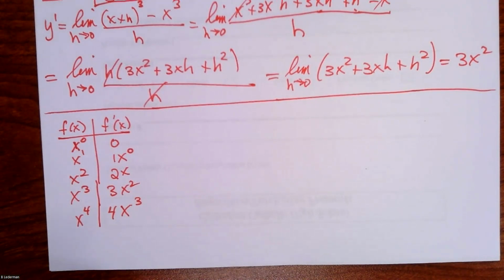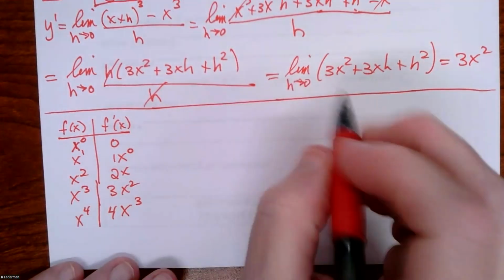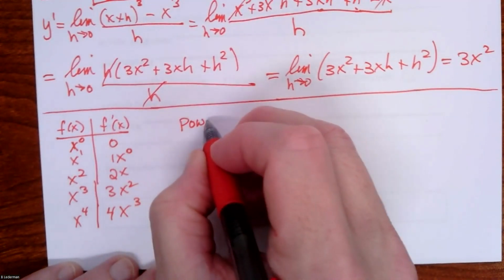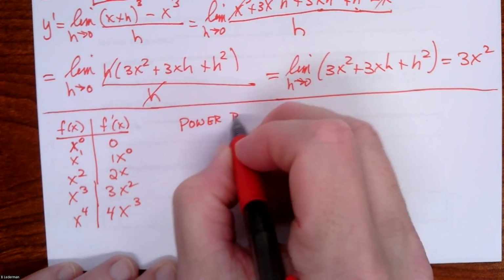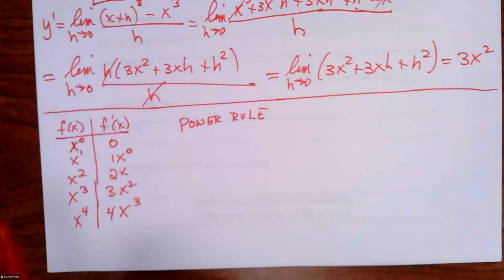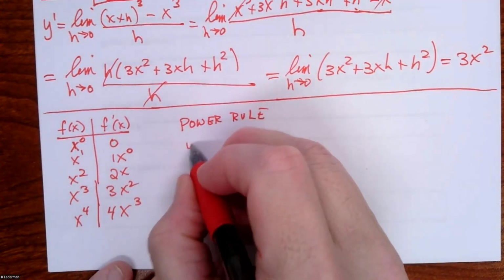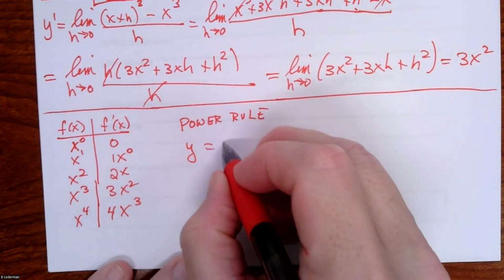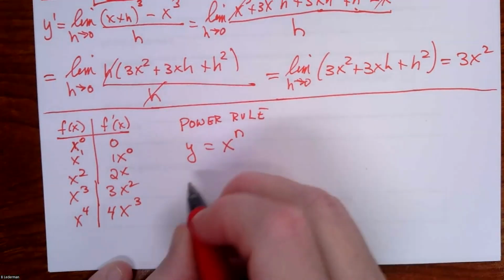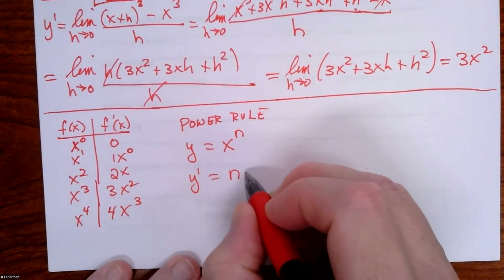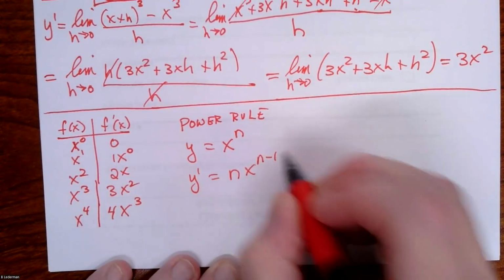So now we have our first rule. This is actually a rule. It's called the power rule of derivatives. So if y equals x to the nth power, y prime is equal to n times x to the n minus 1 power.